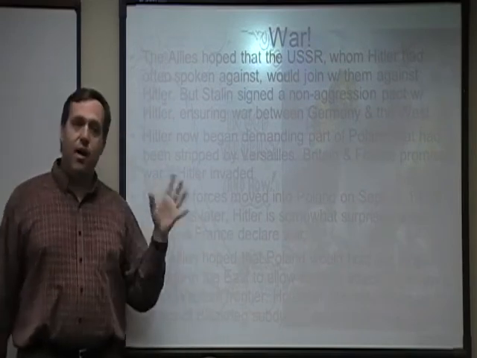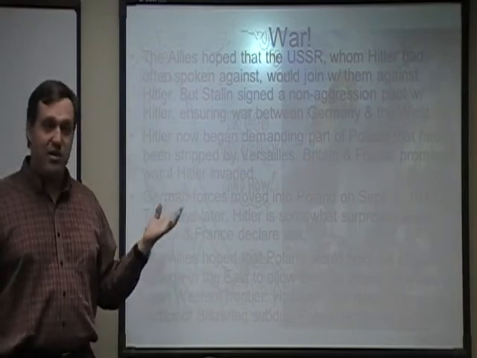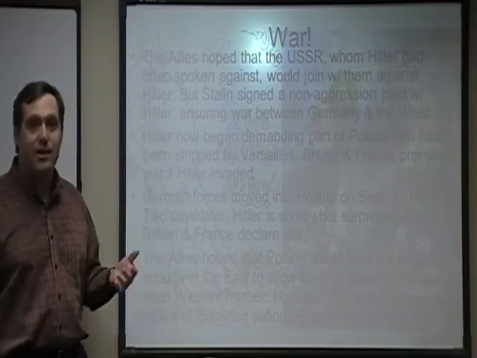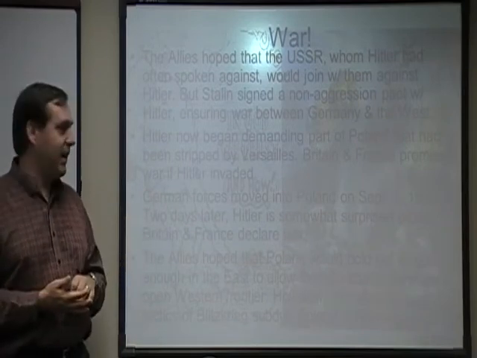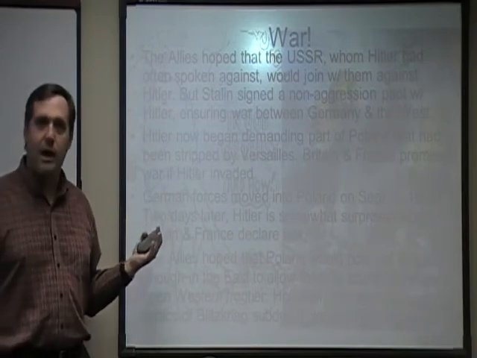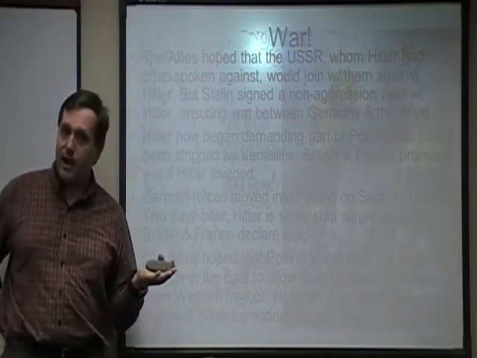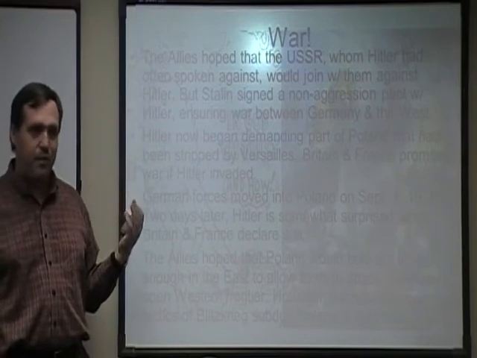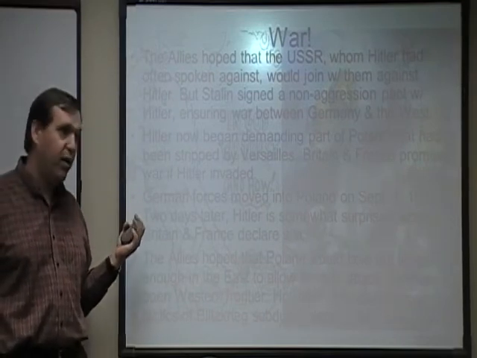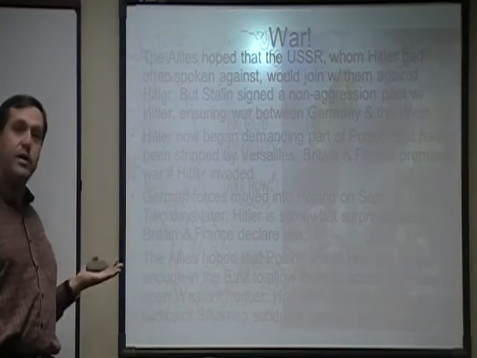The Allies, though, they're not stupid, they just get fooled, all right? They make a miscalculation. They understand that Poland's army isn't going to defeat the Germans, okay? But Poland does have a pretty good sized army. It's got a couple of million men in its army. It doesn't have the world's best air force, but it's got some pretty good tanks here and there. It's got some pretty good soldiers.